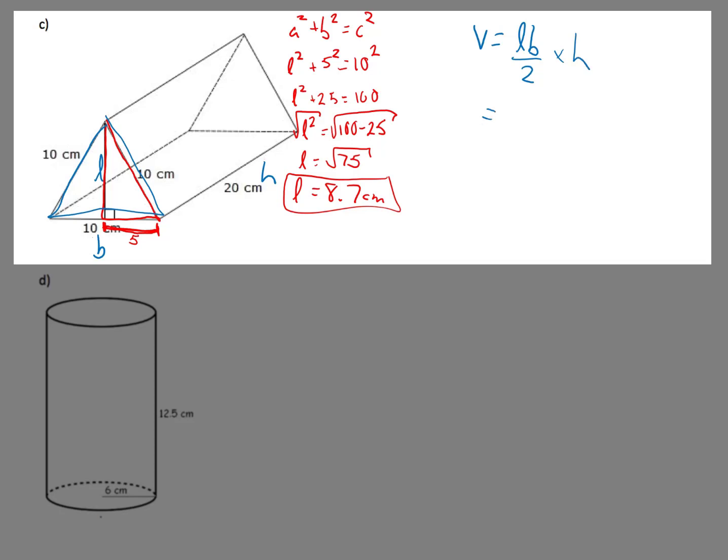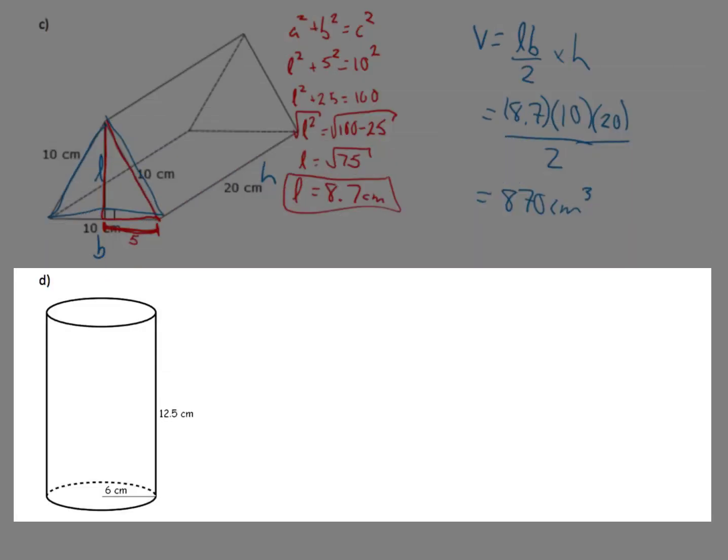So now I can plug in all the numbers that I know. I have 8.7 times 10 all over 2, and then I multiply this by 20. So now I can multiply all these numbers and divide, and I should get 870 centimeters cubed.